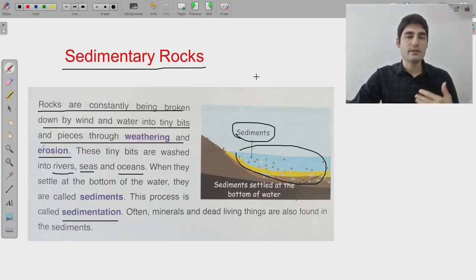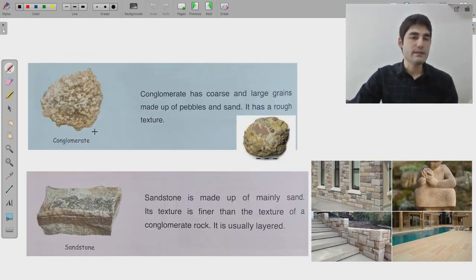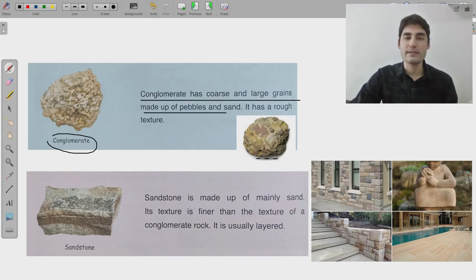Sedimentary rocks also have different types. Let's look at them. So this is called conglomerate. Conglomerate has coarse and large grains made of pebbles and sand. It has a rough texture. What does rough texture mean?